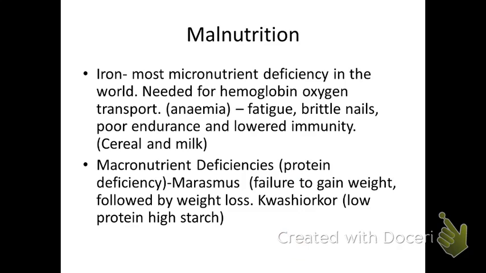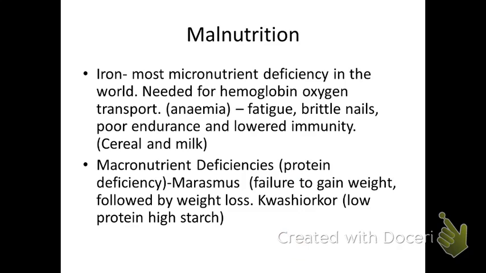Okay, so those are all examples of some malnutritional problems in our body. IB really expects you to be able to basically state the malnutrition, what the causes of that malnutrition are, and what we are doing about it to fix that malnutrition.